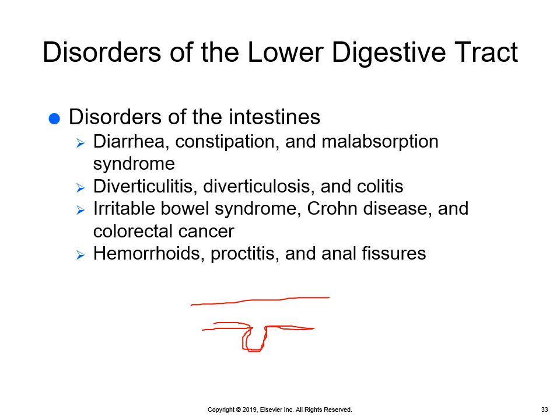All right, now we have hemorrhoids, fissures, and also proctitis. Hemorrhoids and proctitis are conditions that affect our rectum, and they can lead to bleeding, discomfort, and pain. They can also be exacerbated by things like chronic constipation, and if the person tends to strain a lot when using the bathroom.